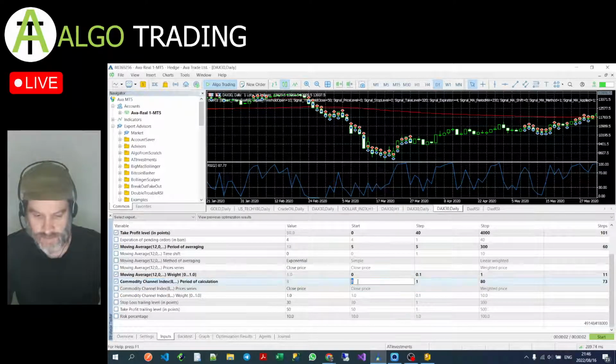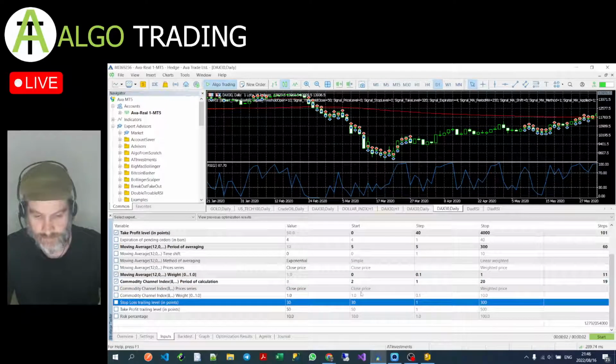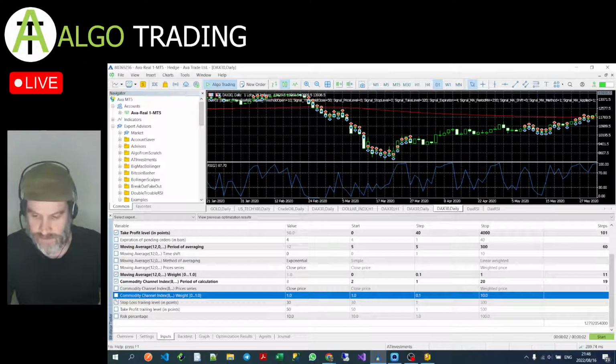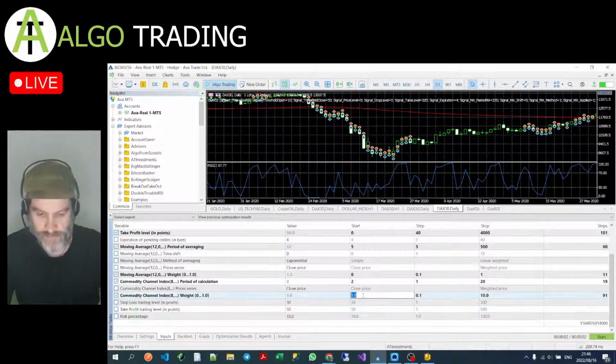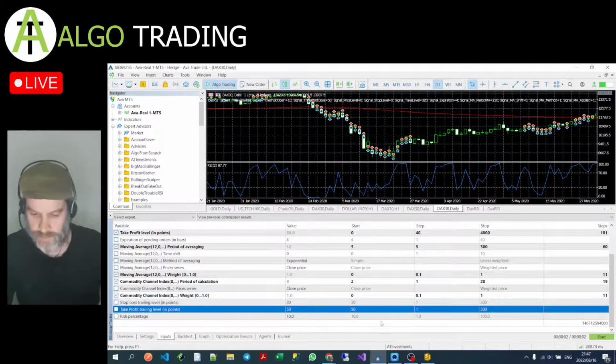That we're going to start at 2, go up in 1, and we'll go to 20. Close price, weighting, start at 0, go up in 0.1, and we go to 1.